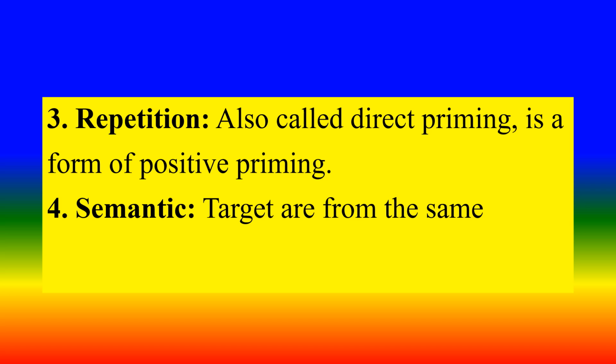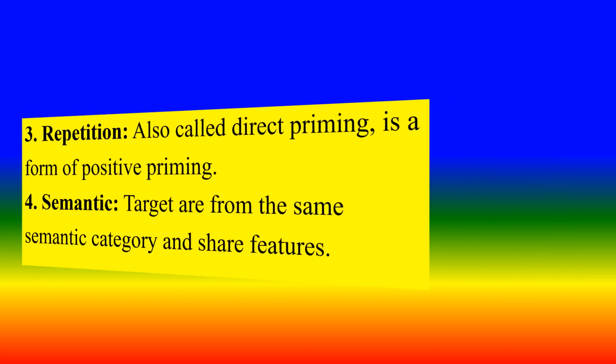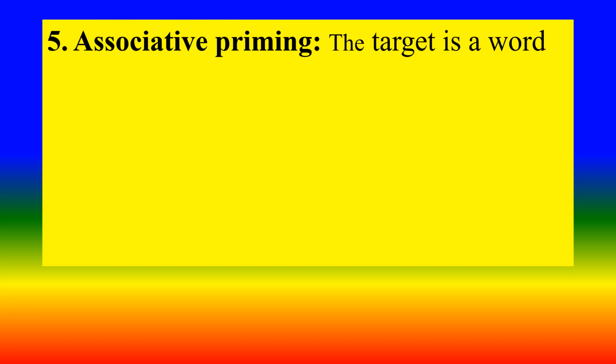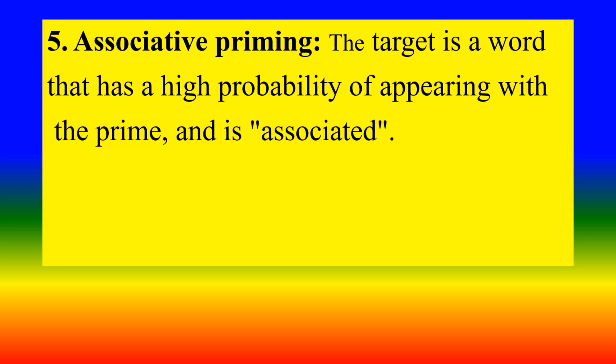Four, semantic priming: prime and target are from the same semantic category and share features. Five, associative priming: the target is a word that has a high probability of appearing with the prime and is associated.